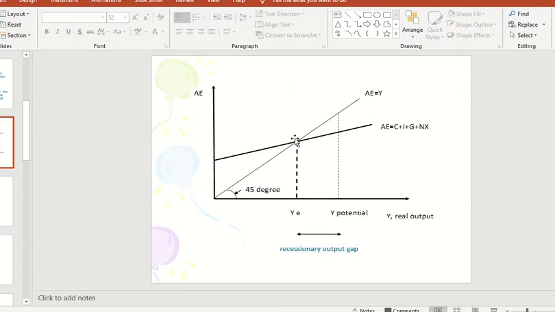So this cross here is the Keynesian cross, which is also the macroeconomic equilibrium.